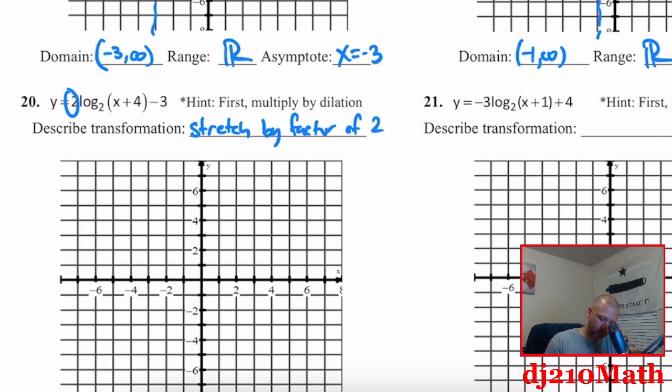We're going to move to the left 4, down 3. Left 4, down 3. All right. Originals, the OG points. Okay. I need to stretch this by a factor of 2. So how do we do that? That's the question. Okay, check it out.